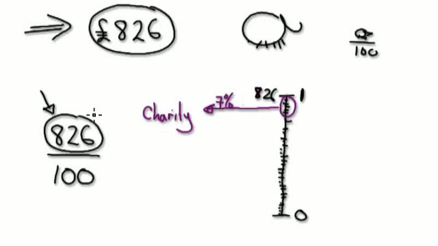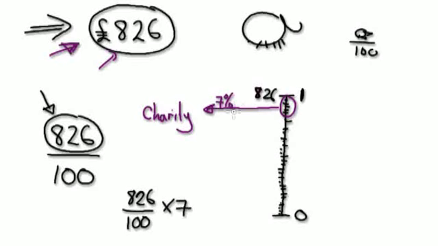So what that means is, this is your starting whole thing, whatever it is. So what you do, you get your whole thing, you split it into 100 pieces, and then you times by 7, because you're giving 7 pieces to charity. So this bit here represents your 1 piece, and then you're giving 7 pieces to charity.